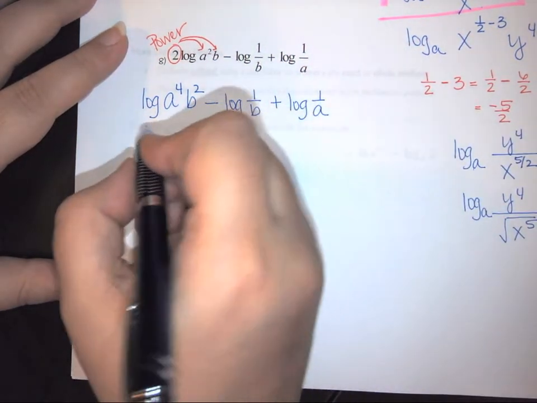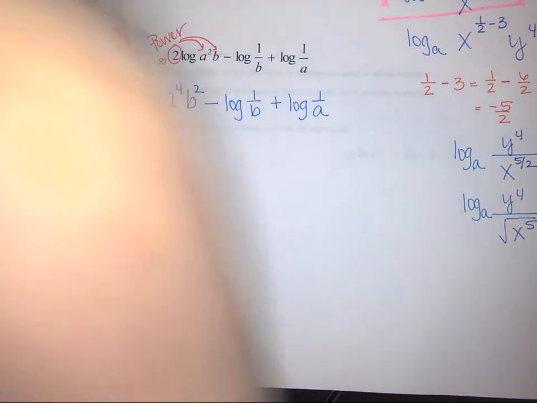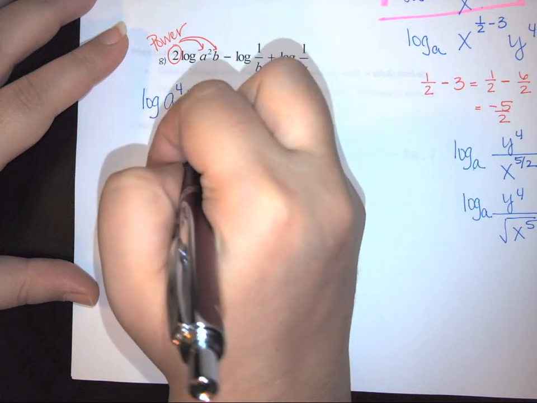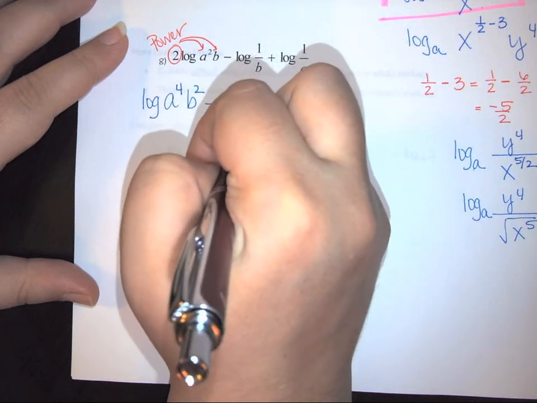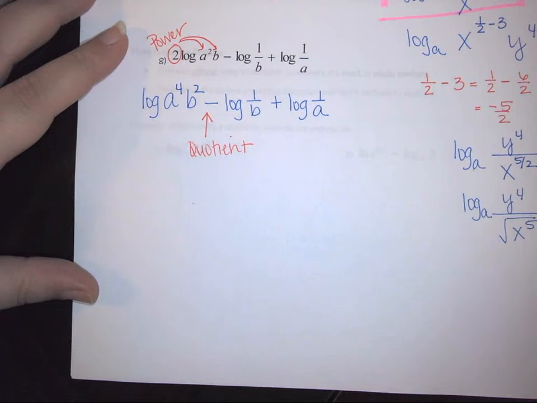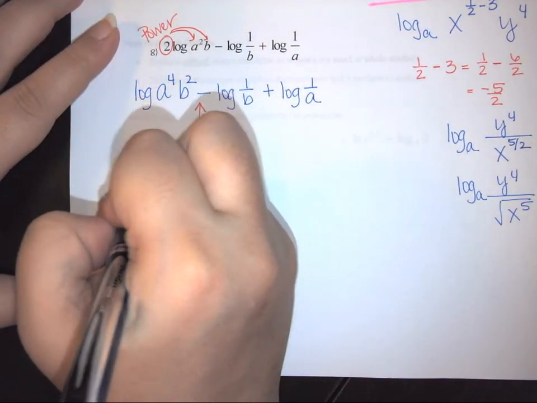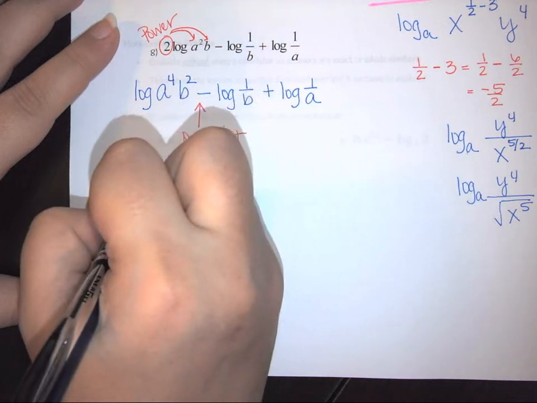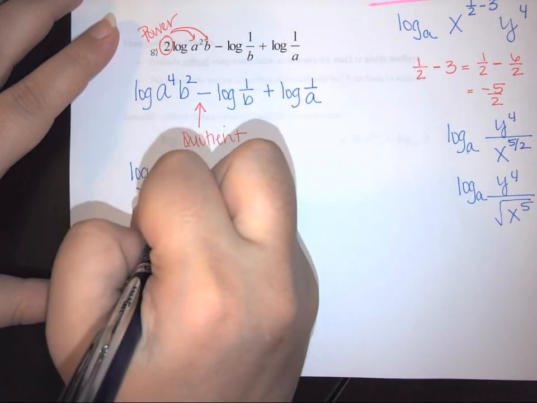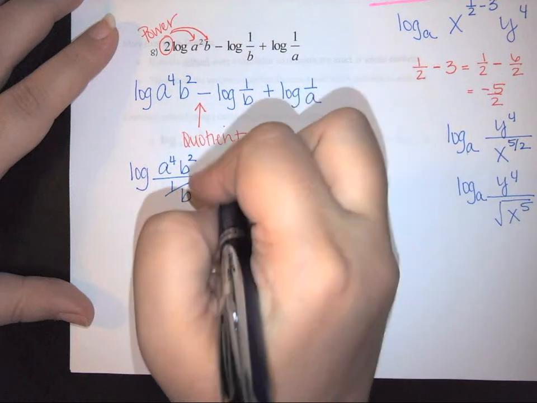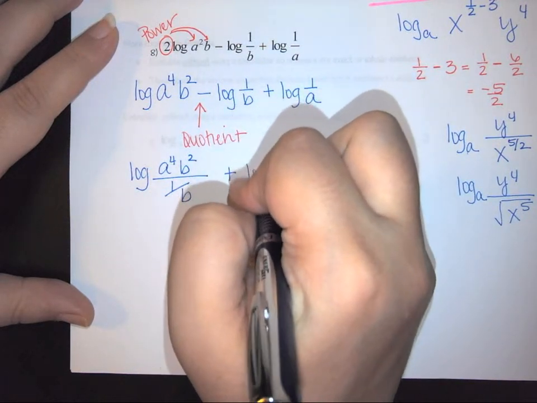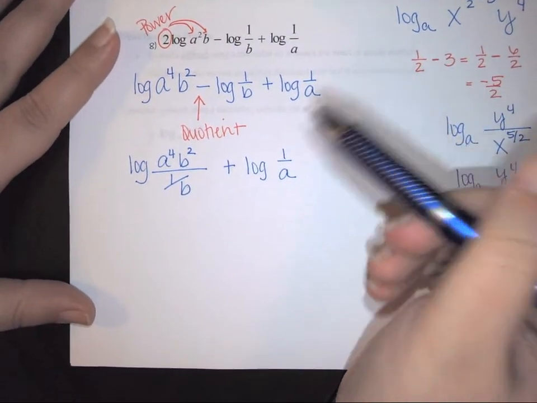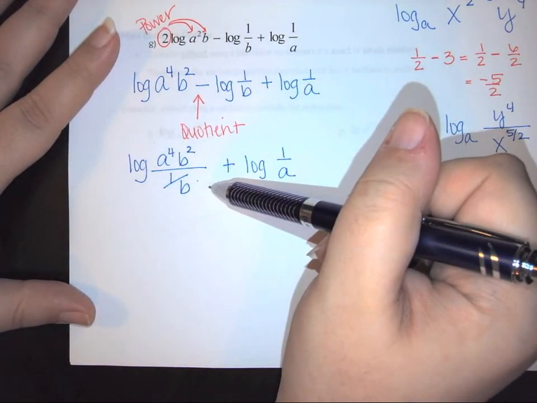So here I would go ahead and first work from the left side over. So here we have a quotient rule. So this is going to tell me that I have the log of a to the 4th b squared over 1 over b, and I have this to be plus then the log of 1 over a. So when I look at this, I need to reduce it.